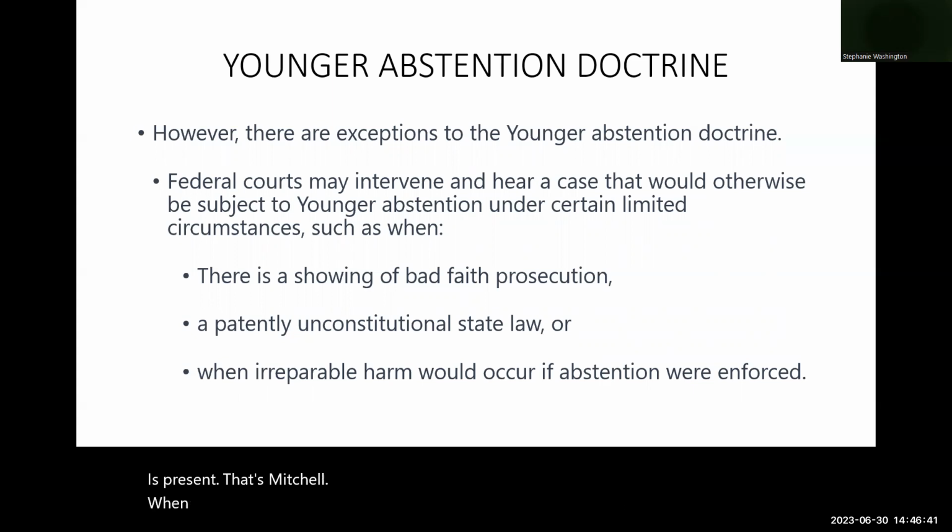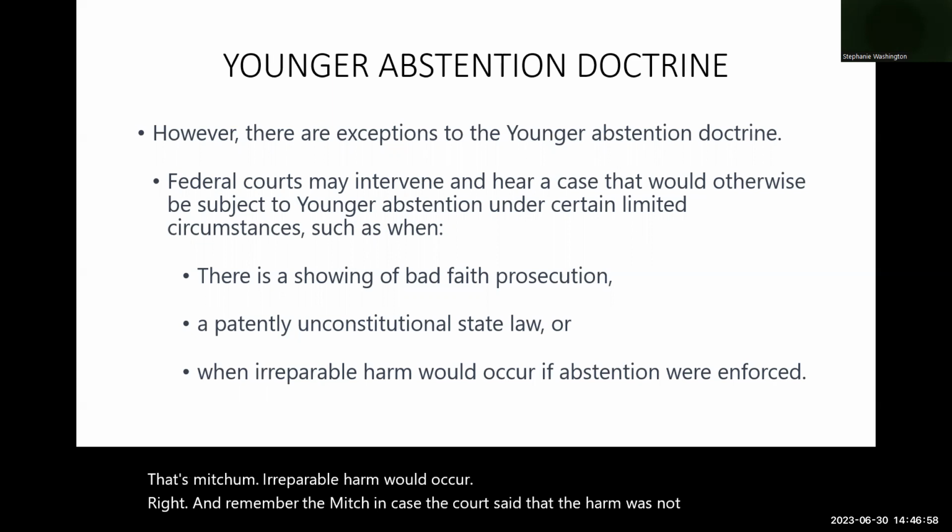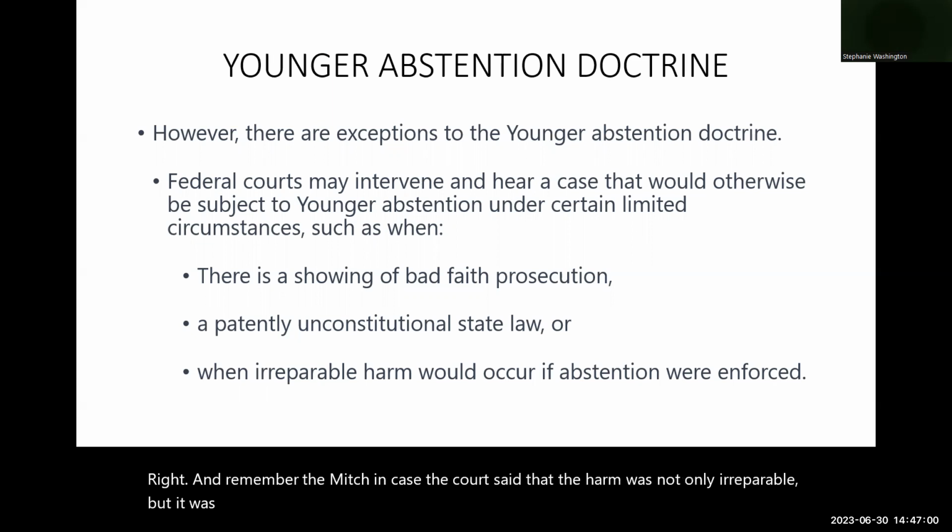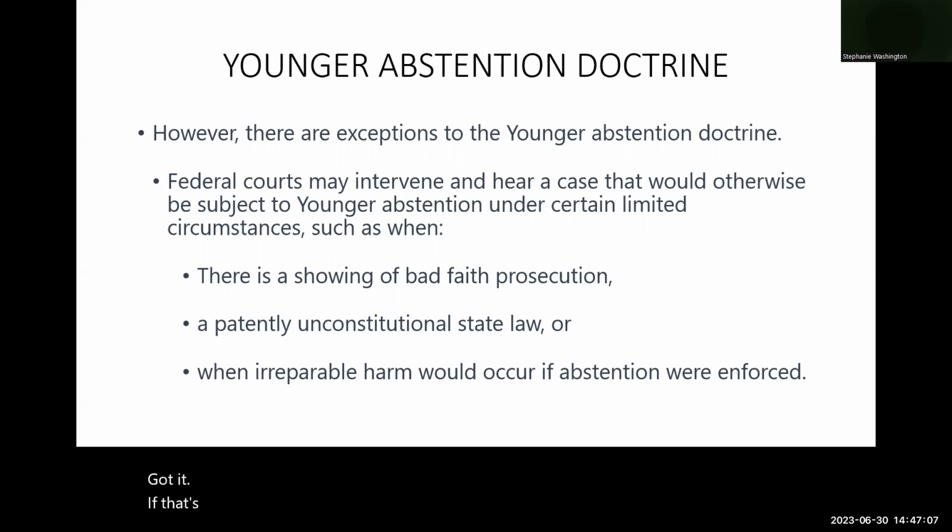When irreparable harm would occur if abstention were enforced, that's Mitchum. Irreparable harm would occur, right? And remember the Mitchum case, the court said that the harm was not only irreparable, but it was great and it was immediate. Got it? Now, if that's going on, then the federal court can issue the injunction in a pending criminal case.